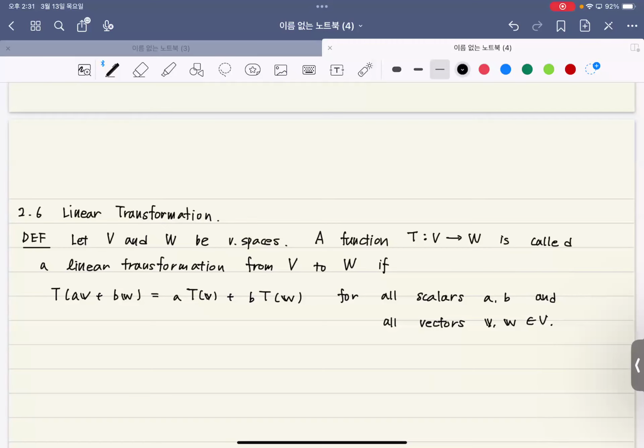So this is our definition. The definition is very simple.